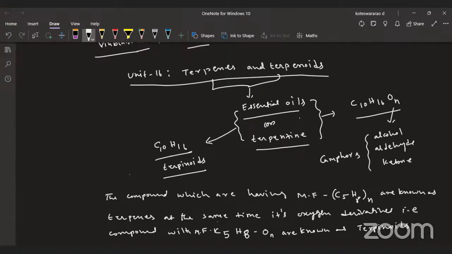This is different from the first definition. In the first definition, just C10H16 compounds are terpenes, and C10H16O are known as terpenoids.